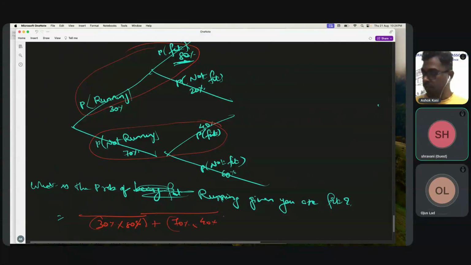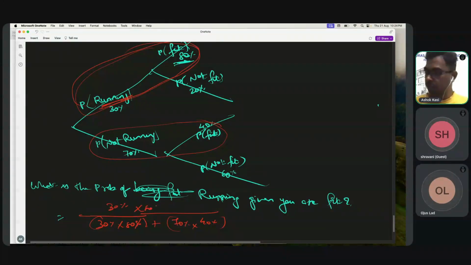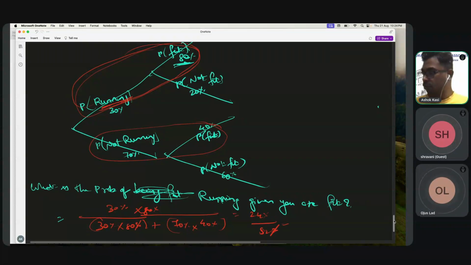Is it okay? That is the denominator. In the numerator, what is the probability of running? I will take this entire joint probability, 30% into 80%. Which is 24% divided by 52%, which came to 46%.